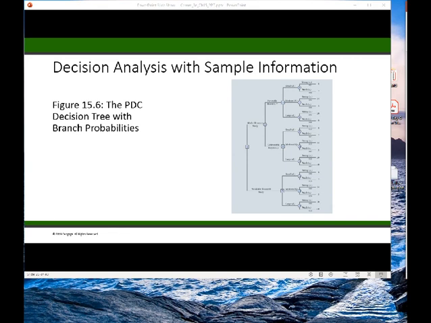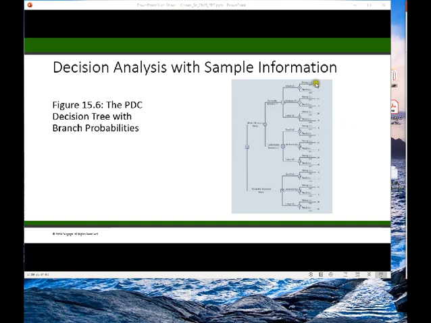And then we're back to the same structure we had in part 1, the decision tree, except the probabilities are different because we have additional information. So in the bottom branch, you'll see 80%, and in the top branch, 94% for strong demand. And we'll see how we calculate those when we get to the Bayes probabilities.